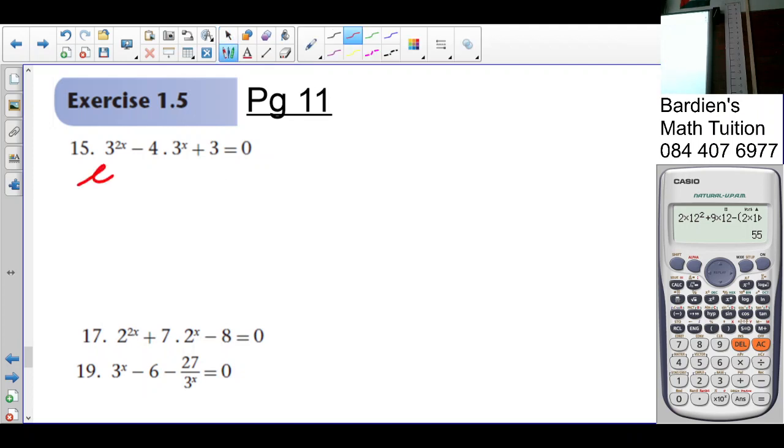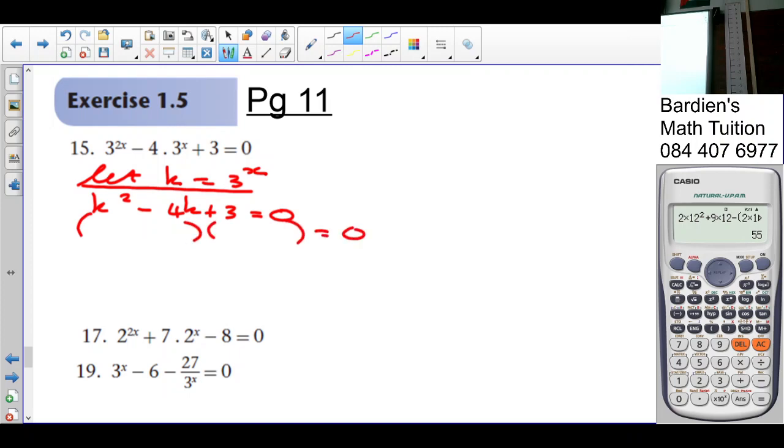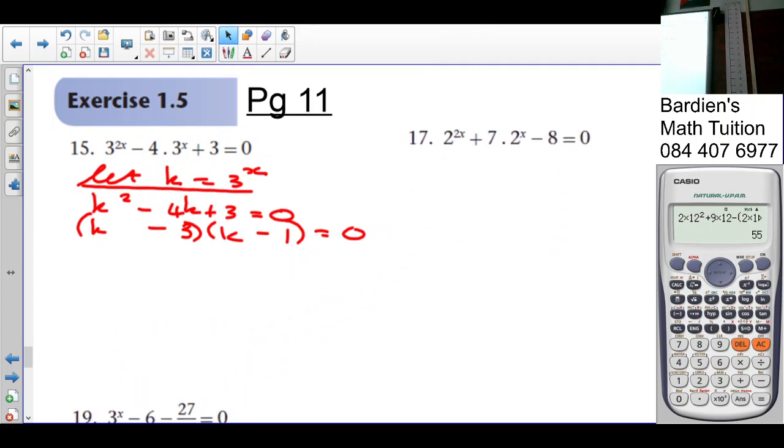we say let k equals 3 to the x. So we got k squared minus 4k plus 3 equals 0. That's all. So now we have a trinomial. Factors is k and k, 3 and 1. What about the signs? Same sign, not so? So what can we say now? So k minus 3 is equal to 0, so k is equal to 3, or k is equal to 1.